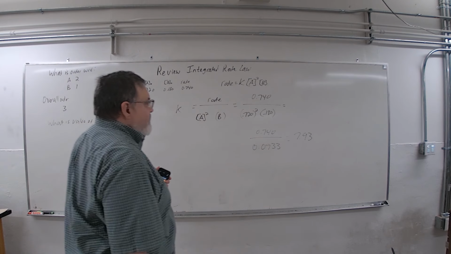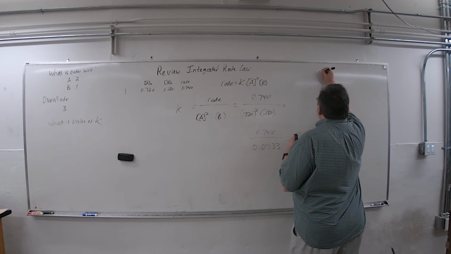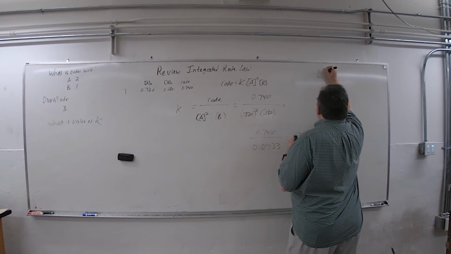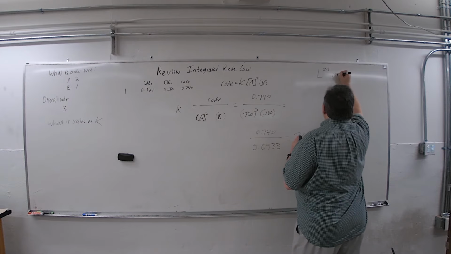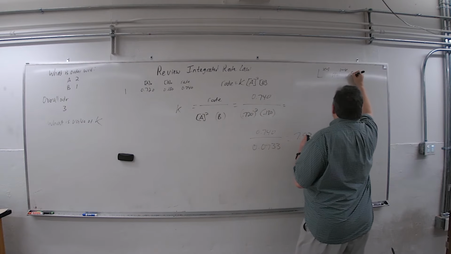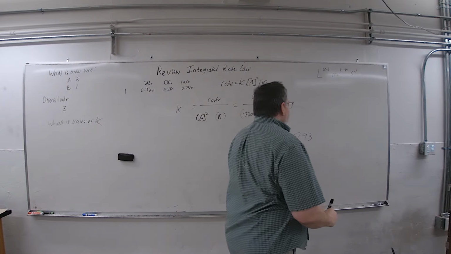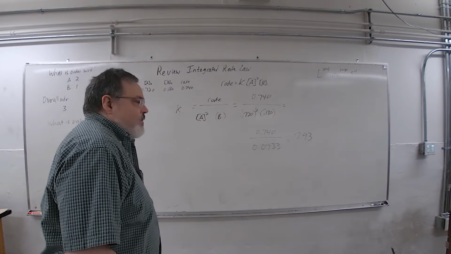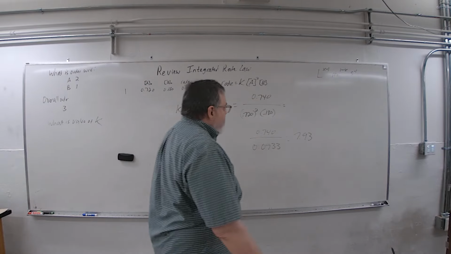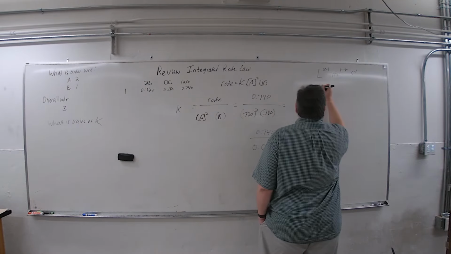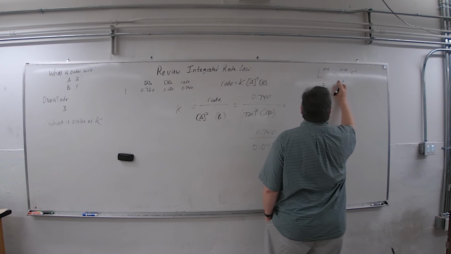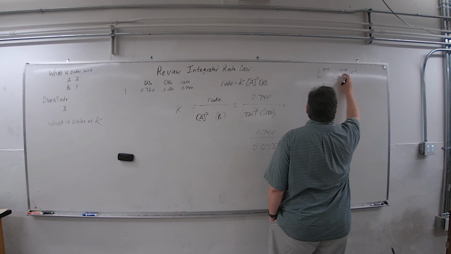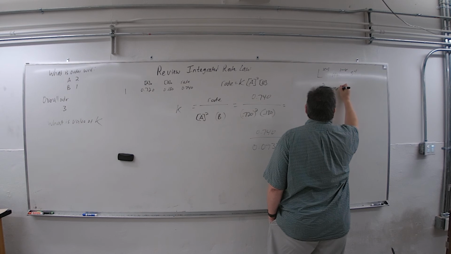The units, I should have given you that formula for units. Overall order is 3. So it's 3 minus 1 is 2. 1 minus 3 is minus 2.